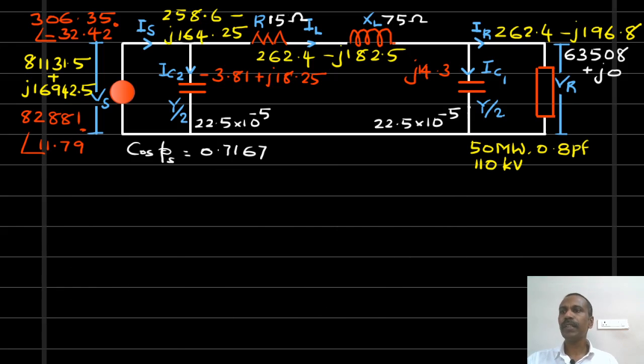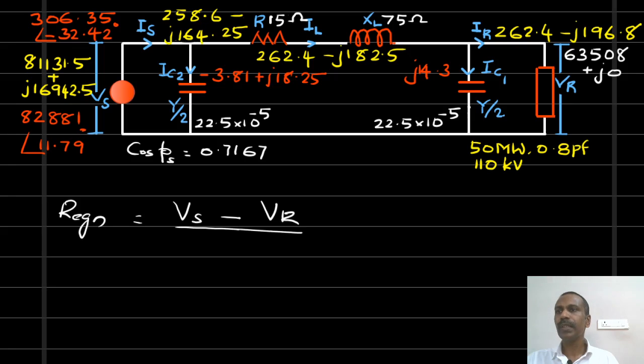The receiving end power factor is same as the load power factor, it is 0.8. Now we can find out the regulation, which is equal to sending end voltage minus receiving end voltage divided by the receiving end voltage. If you write the voltages in line values, both Vs and Vr should be line values. If you write them in phase values, both should be phase quantities.